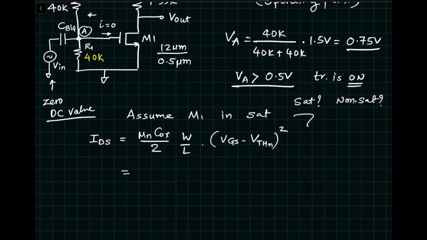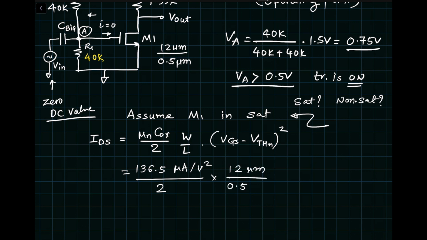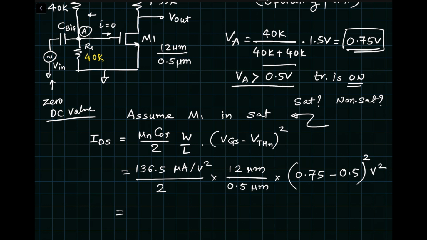In this particular case, we are ignoring the channel length modulation in the first analysis. Divide by 2. W is equal to 12 microns and L is given to be 0.5 micron, multiplied by VGS minus VTH. That would be VGS we just calculated, 0.75 minus 0.5, squared, and that would give you volt squared. So this will give you, I would like you to do the calculation yourself.